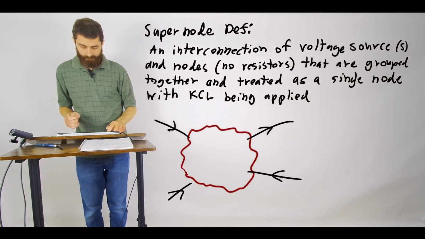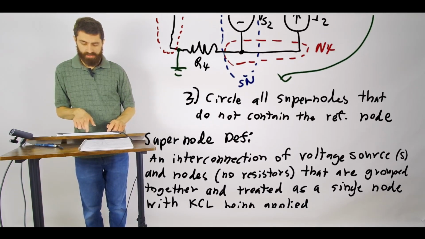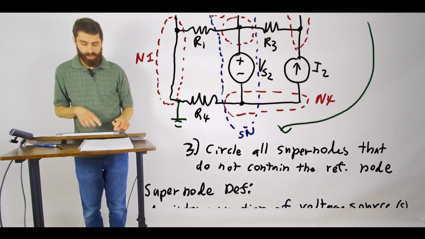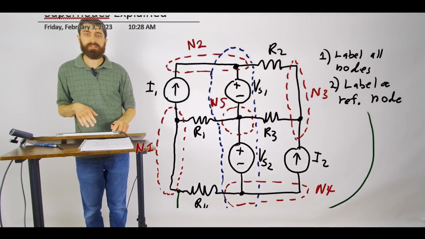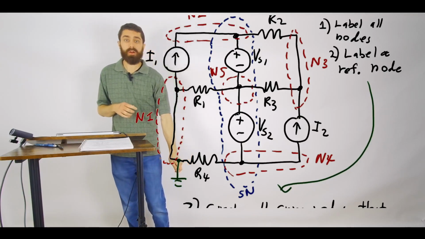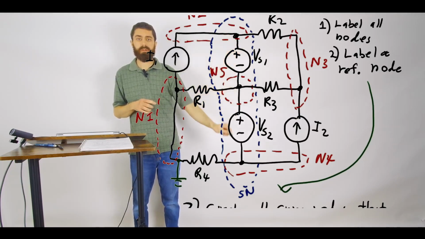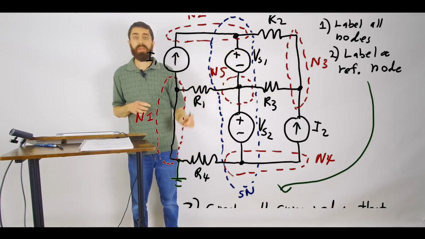So, in this third step, we circled all supernodes that do not contain the reference node. We defined our reference node here, and you can see that none of these nodes are connected to our reference node.